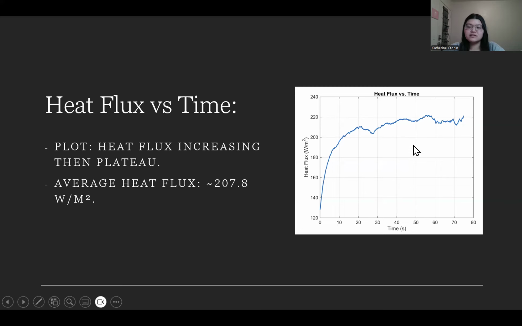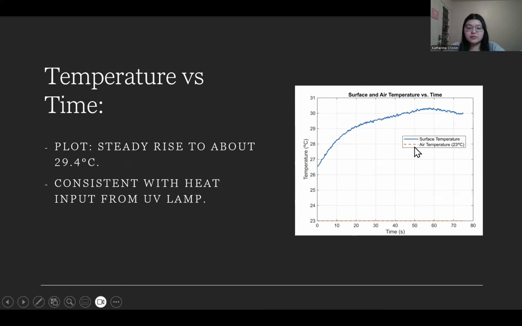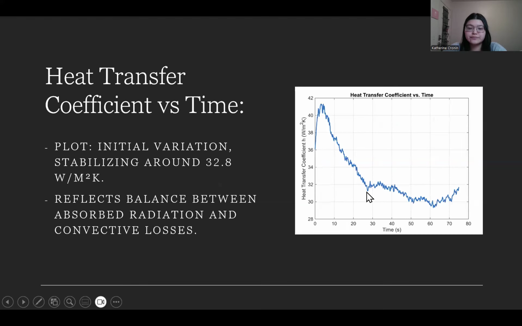Here is my temperature versus time graph, where you can see a very steady rise, and it goes to around 29.4 degrees Celsius. This graph is consistent with the heat input from the UV lamp. At the very bottom, you can see the ambient temperature is 23 degrees Celsius.